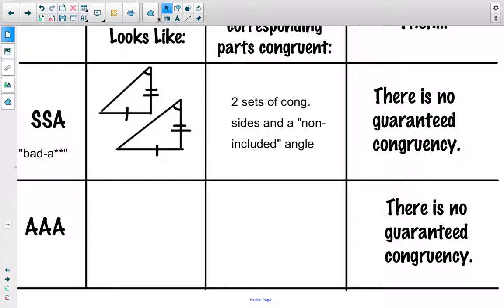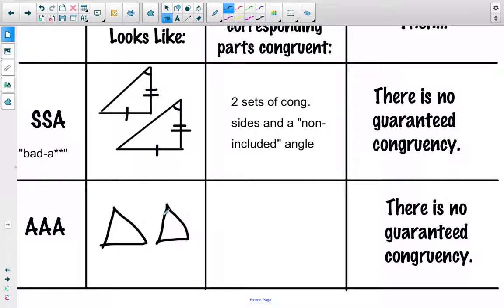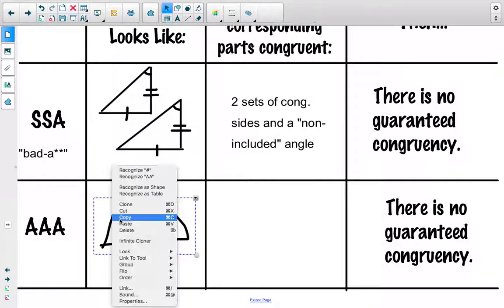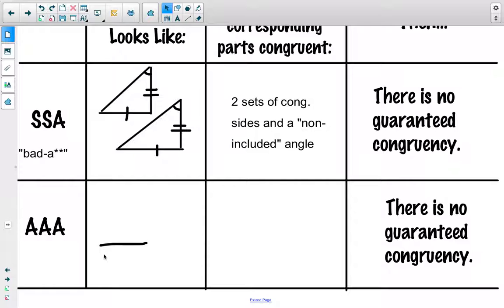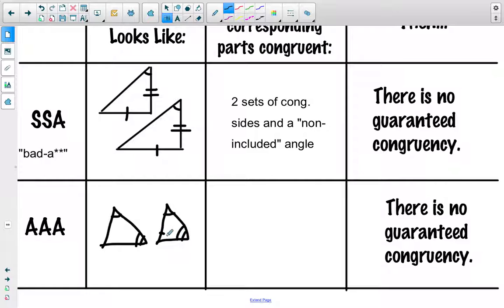All right, and actually the same thing happens with AAA. On AAA you have only the angles that are congruent. So you got that angle that matches up. Okay, so let's say your top angles are congruent. Your right angles here are congruent, and I'll just mark this one differently. I'll put a tick mark.